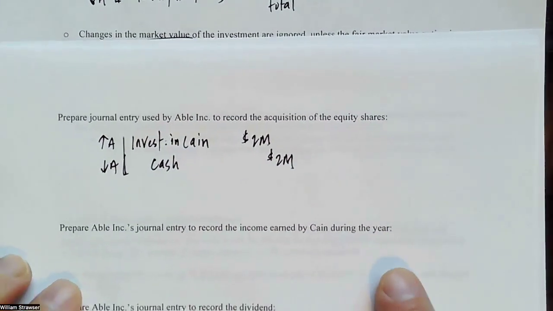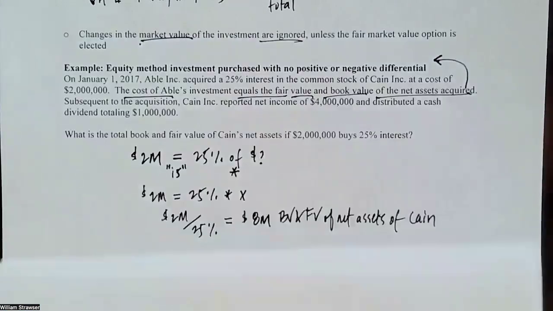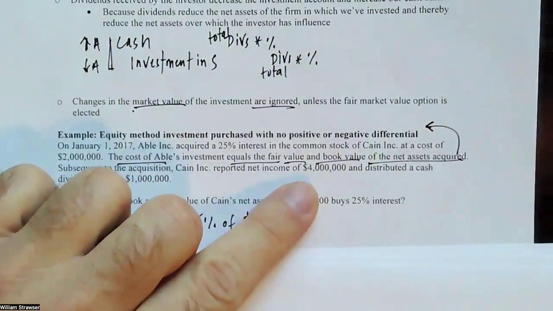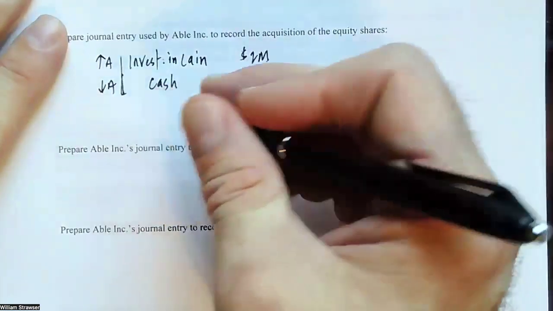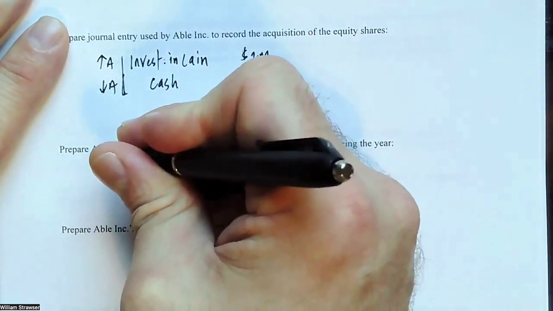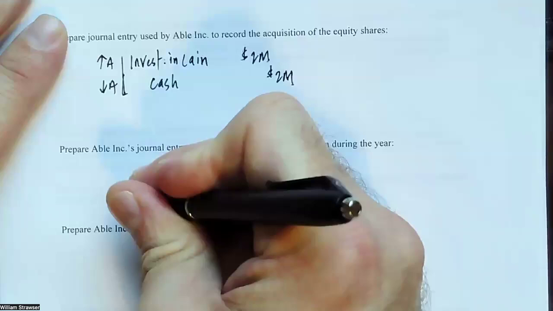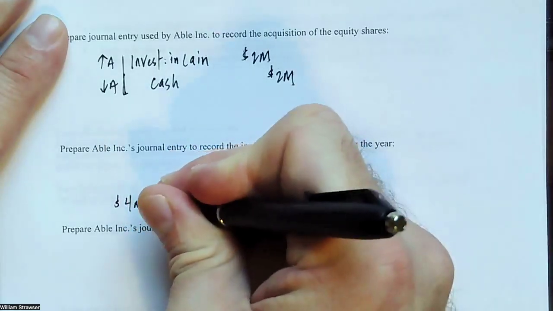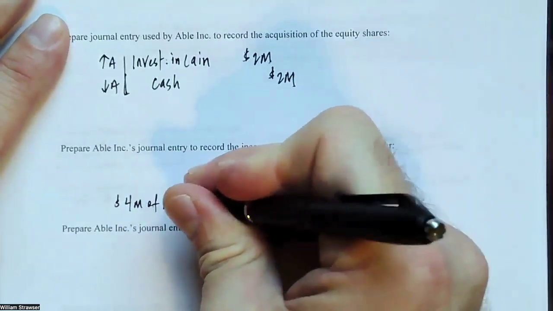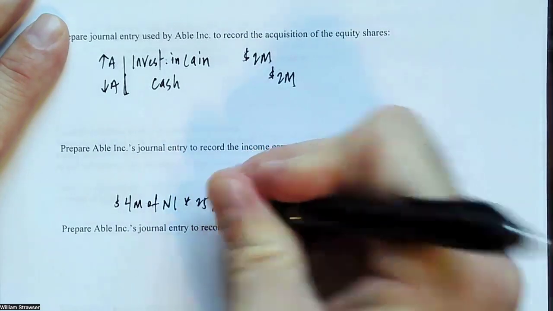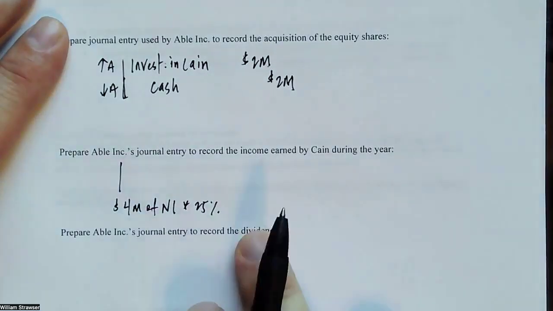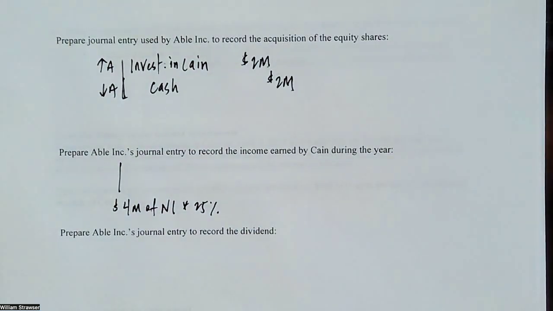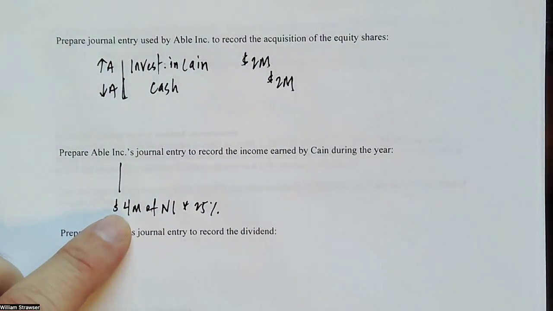Record the income earned by Kane during the year. Well, if Kane earned $4 million of income, and I own 25%, right? Then it increased the net assets of Kane by 4 million.